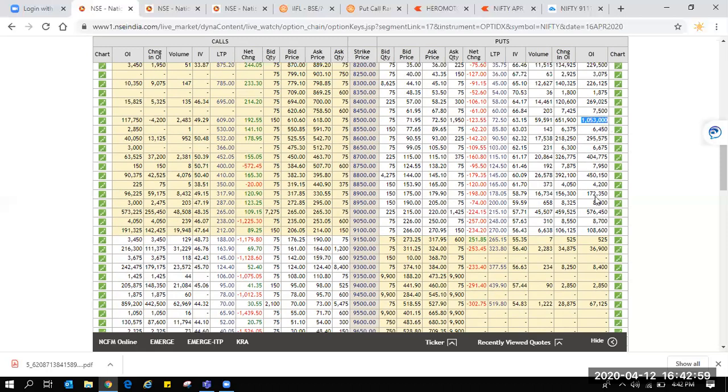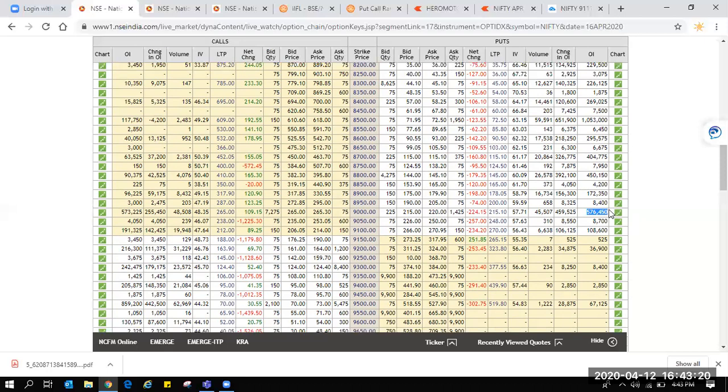Now which is the next level? The next level comes at 9,000. Again, the people who have shorted the puts. What we usually see is that FIIs and smart money usually short the options, and retail usually goes with buying of options.